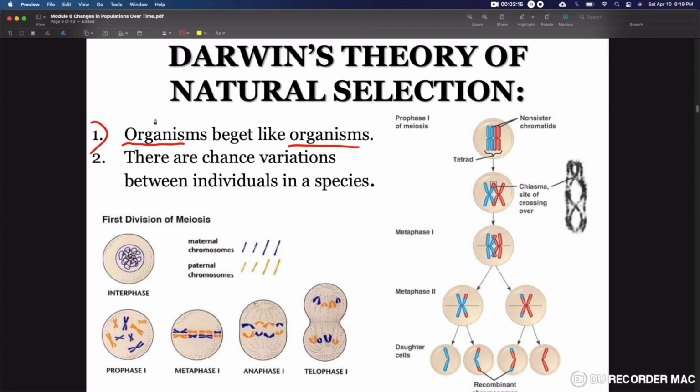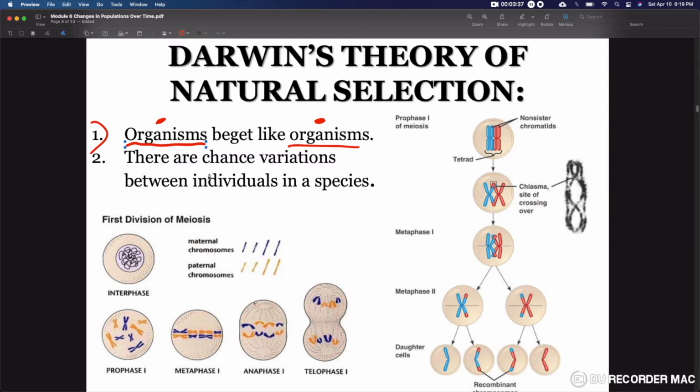So if the parent is human, the organism will be human. Okay? If this is a chimpanzee, this will be a chimpanzee.